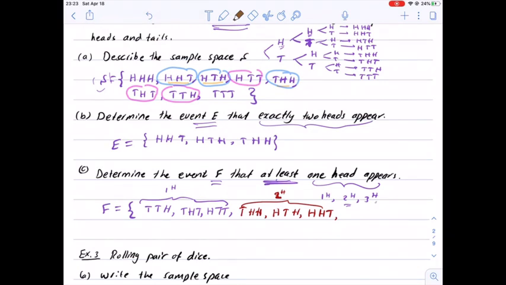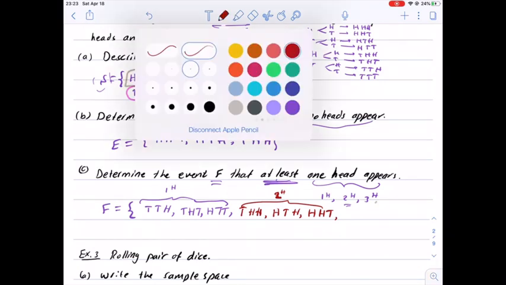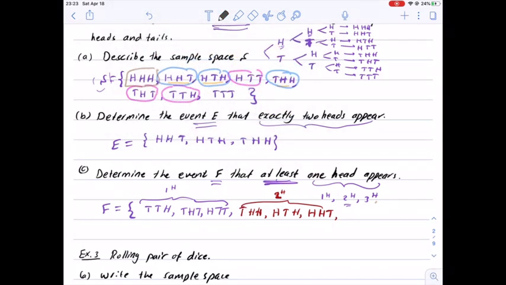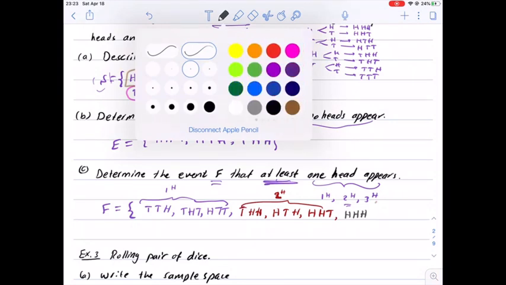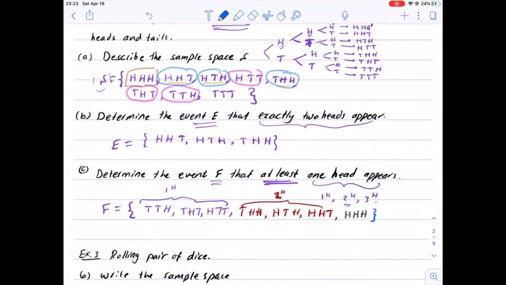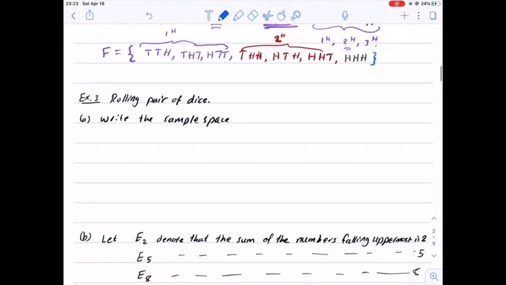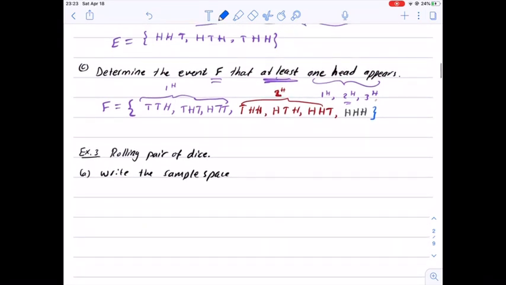Now we want to find all outcomes that involve three heads, just one. Head, head, head. So these are the elements of the event F, and as we can see, all elements of the sample space are included except tail, tail, tail.